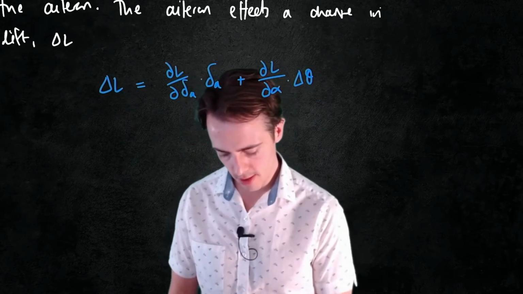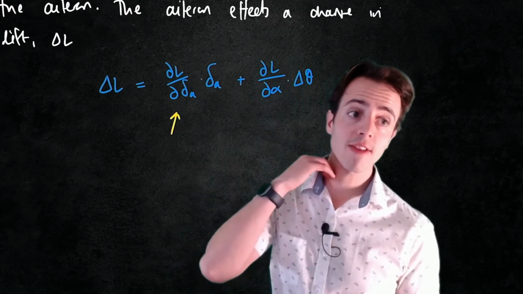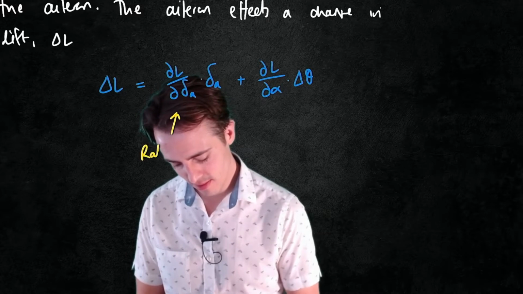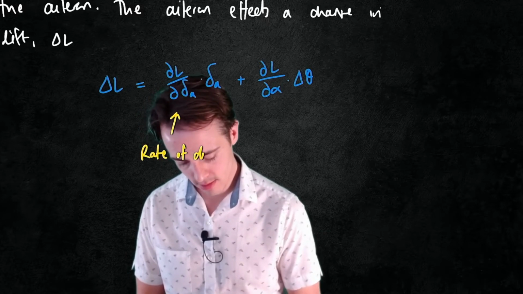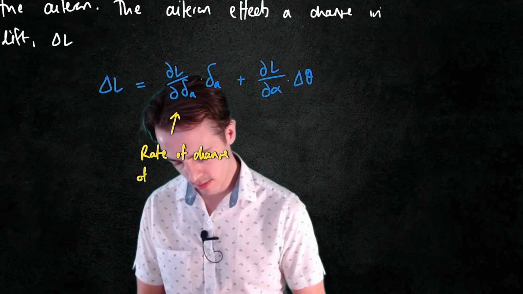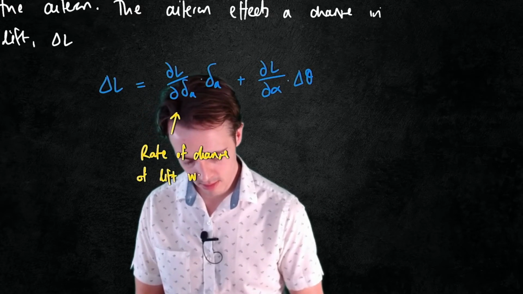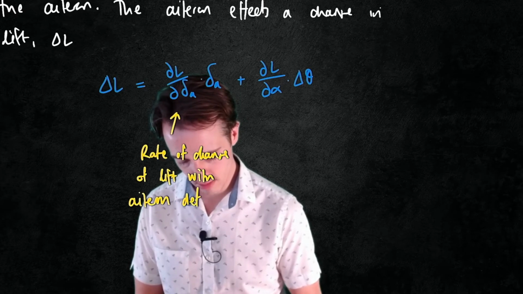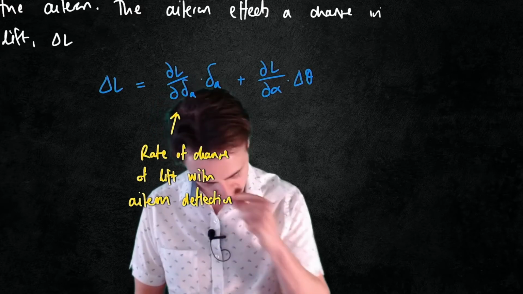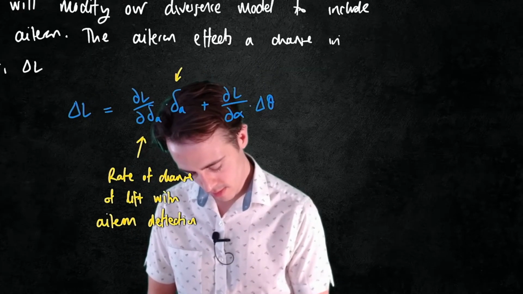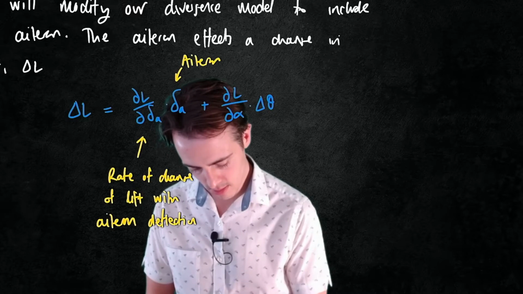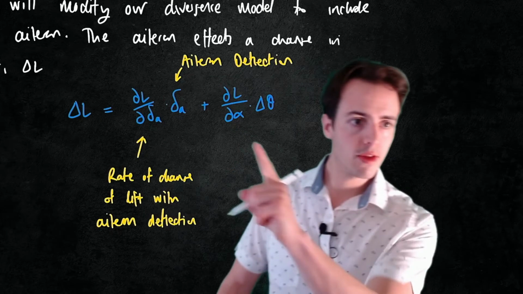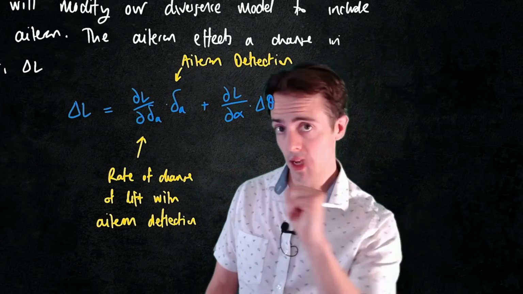So let's put the parts in this equation. This is the rate of change of the lift in our section due to aileron deflection. And then this is just the lift curve slope in dimensional form.